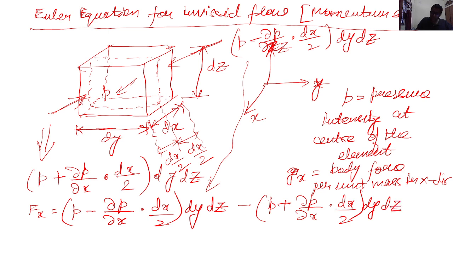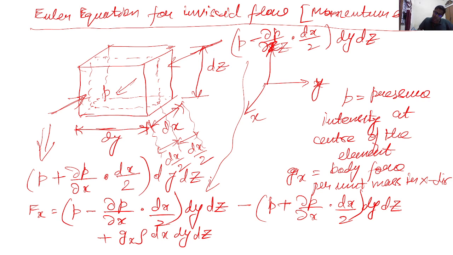Again we are just converting the pressure into force, plus the body force. Body forces are the forces which act entirely along the volume of the control volume, and in our case the very prominent body force happens to be that of gravity or the weight. So just multiply it with the mass, rho dx dy dz.